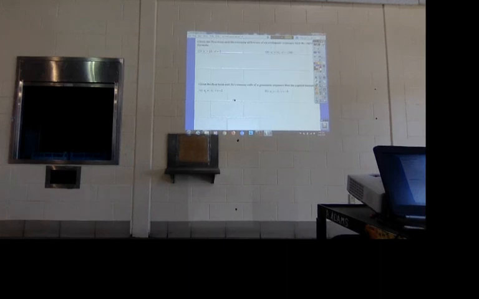Okay, trying some more. 27. Says, given the first term and the common difference, find the explicit formula. So do I have to give them the next numbers? Says give the formula. So it's arithmetic.